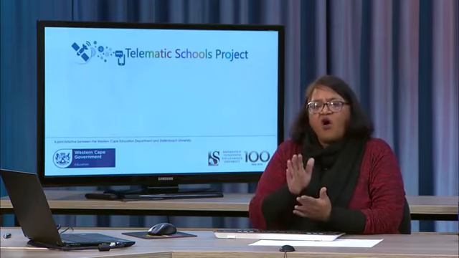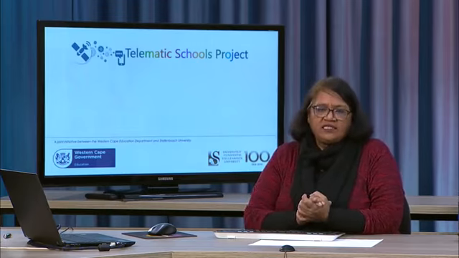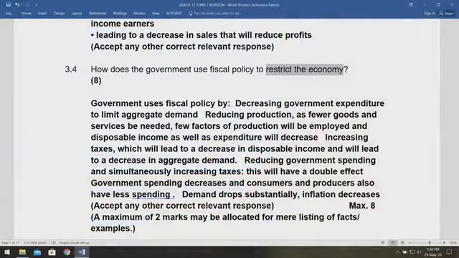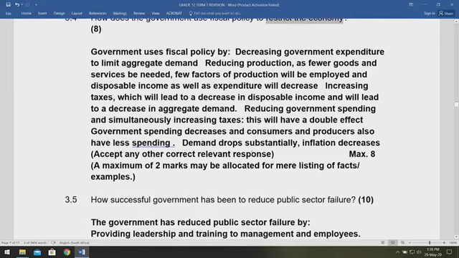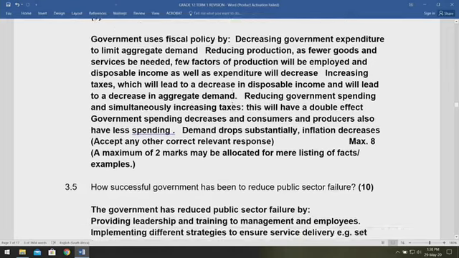So therefore, that will also decrease expenditure, right? So either way, they can either decrease government expenditure or they can increase the taxes. But either of these is going to cause a decrease in demand. And we said when demand drops, the production levels drop, which leads to an increase in unemployment as well.